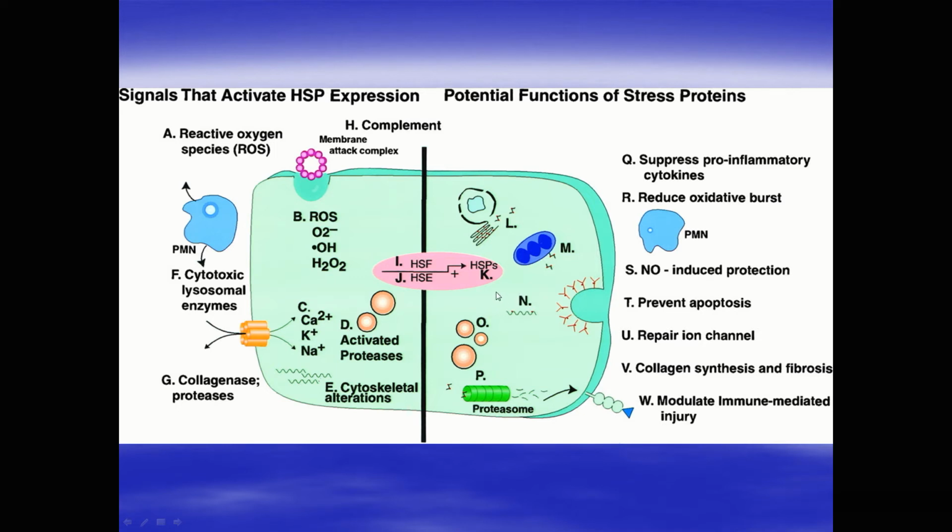The cell responds by the production of stress proteins, which are able to bind to damaged proteins, thus helping enzymes to destroy them before clump formation. Also, to stabilize damaged proteins to enable them to become functional again, and finally to repair ion channels, to prevent apoptosis, to reduce oxidative bursts, and to suppress the production of pro-inflammatory cytokines, among other actions.